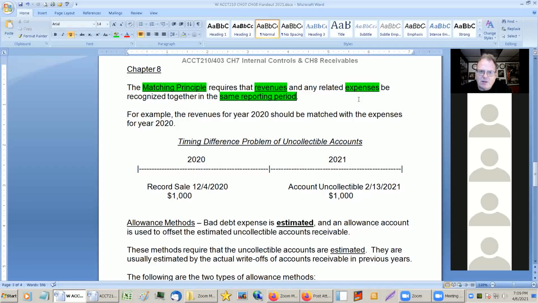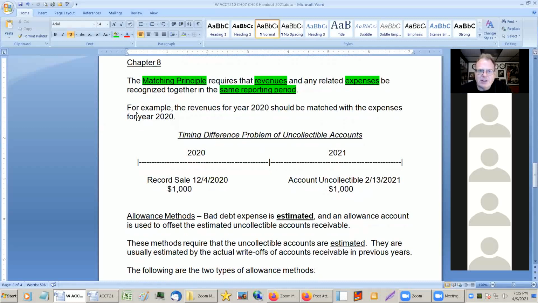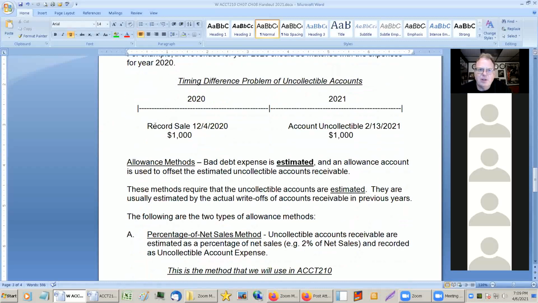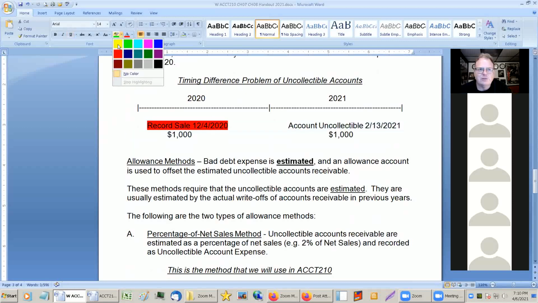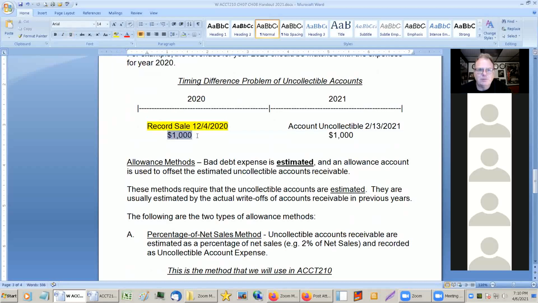But that makes a little bit of a problem here. So for this example, you record the sale in 2020, December 4th, and then you find out in the next year, February 13th, that it's not collectible.